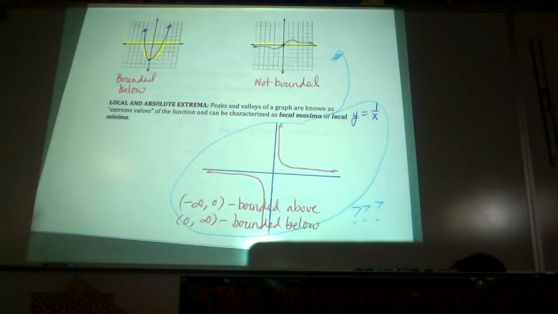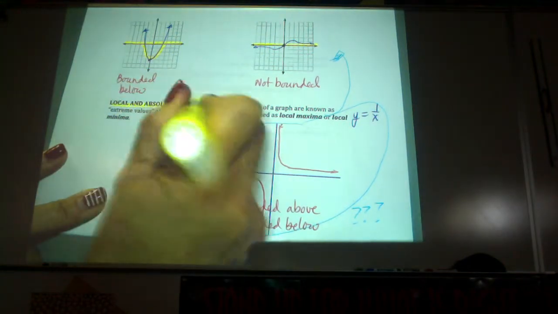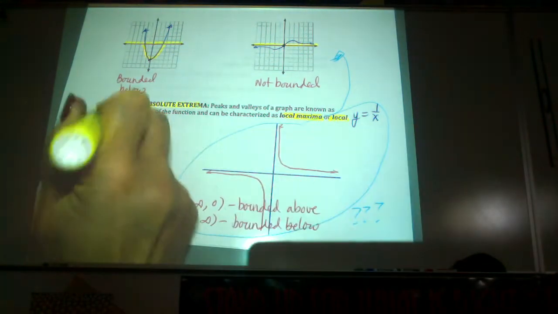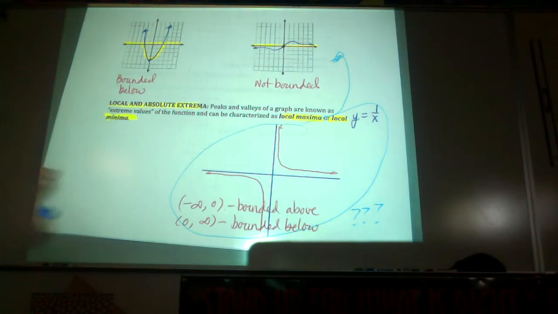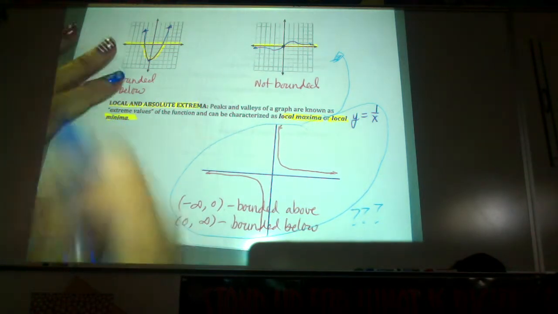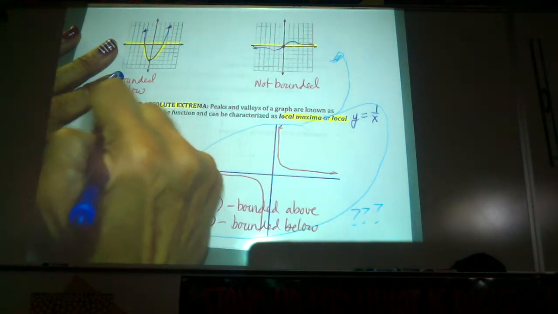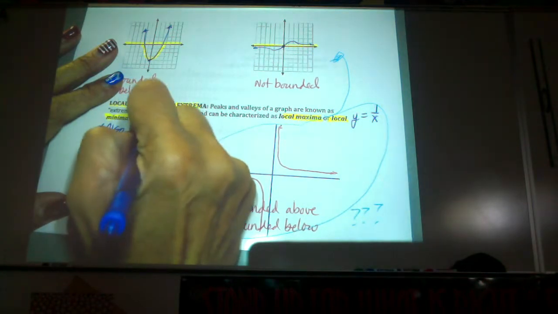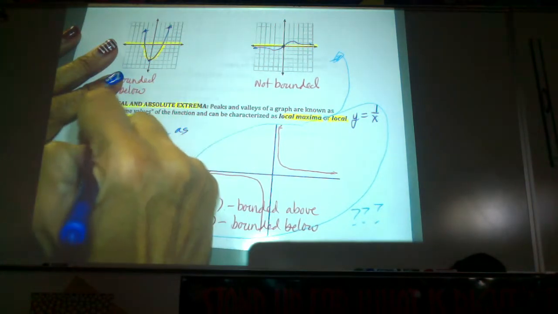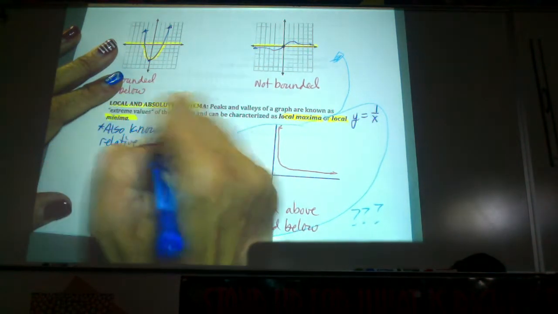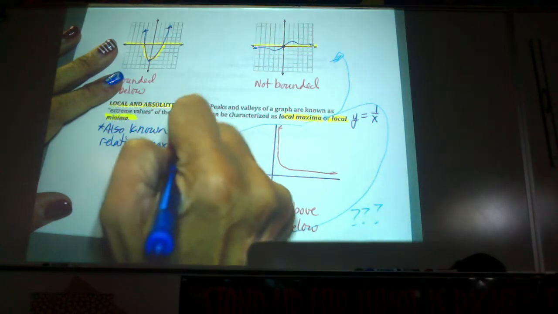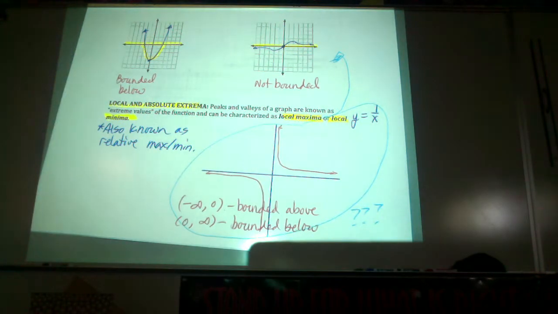So even though local and absolute extrema are called local maxima or local minima, it is also known as relative max or min. And that's typically what you'll see me referring to them as. When you get to calculus, there's some very specific differences, but for now, this is what we're going to call them.